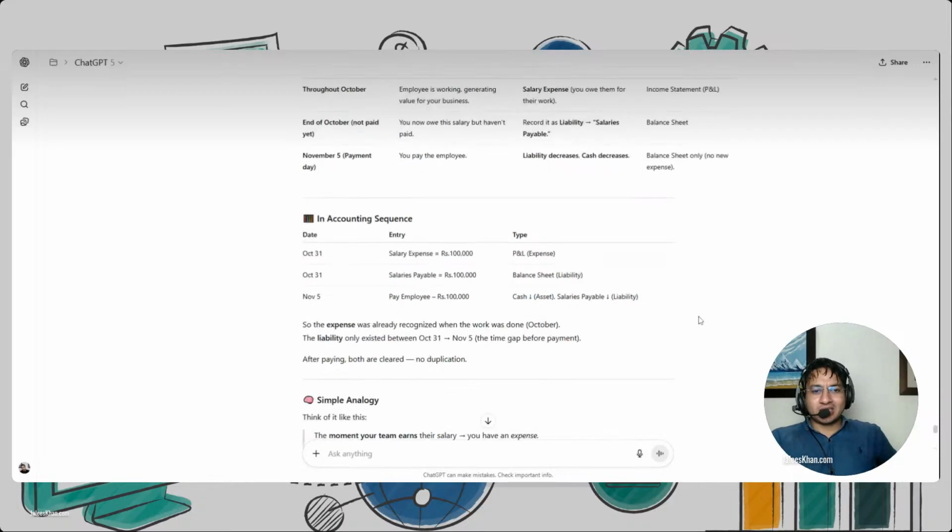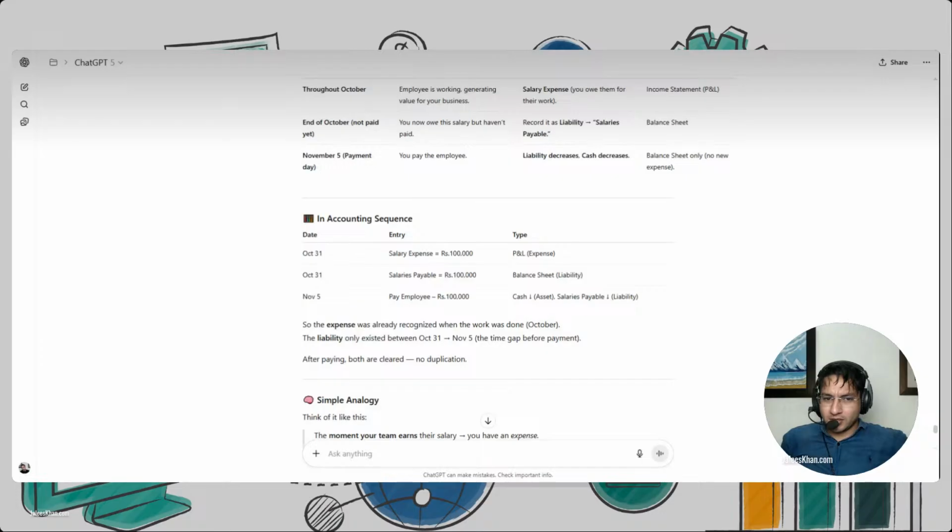I am just stressing it out, but if I'm unable to understand it well, I keep stretching. October 31st, salary expense, 1 lakh rupees, is the expense on October 31st. Salaries payable, balance sheet.